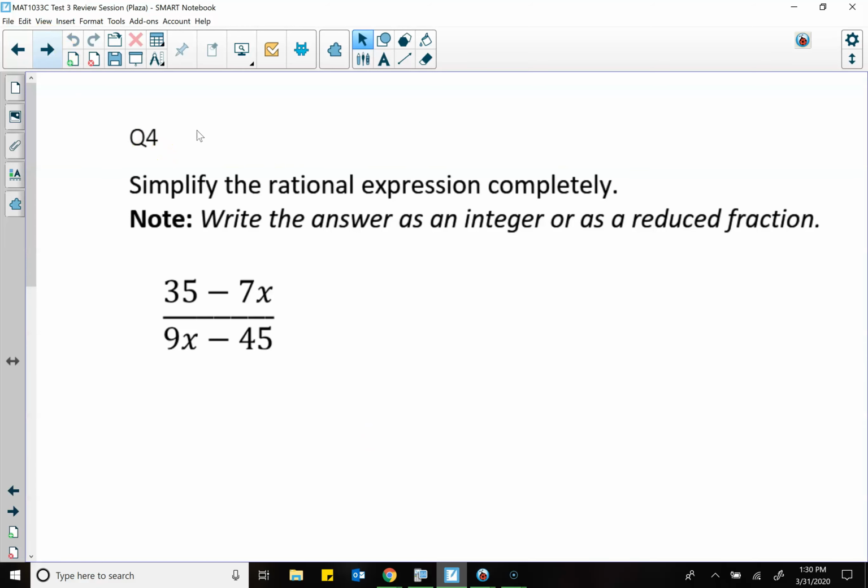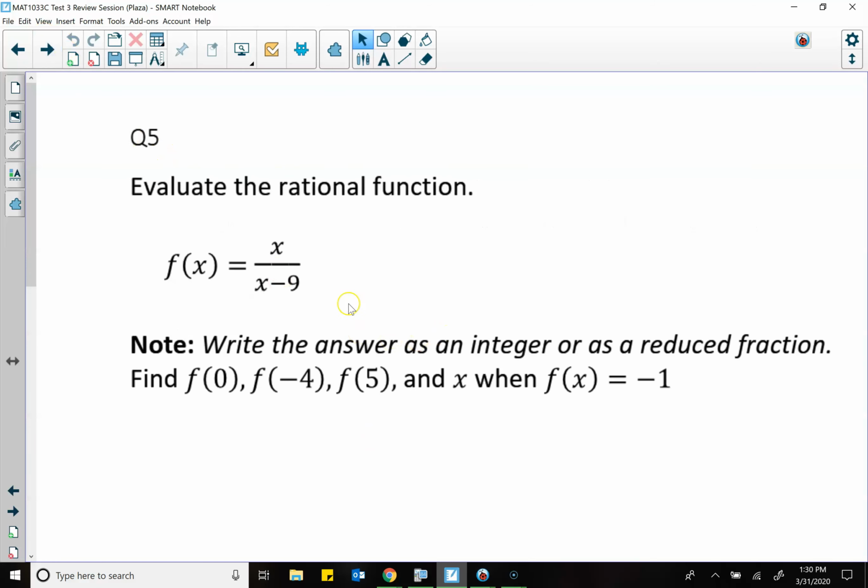So question number 5 says we want to evaluate. And again, this is still 5 or 4.1. So we got this f of x equal to x over x minus 9. And then we have 4 functions to evaluate. We got f of 0.